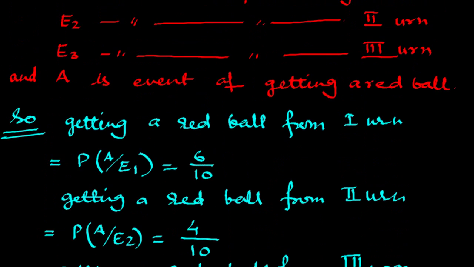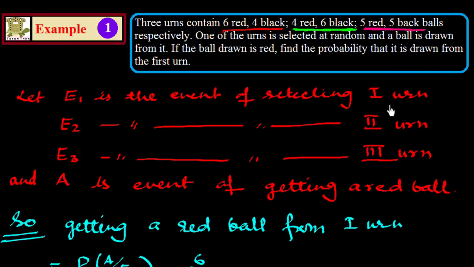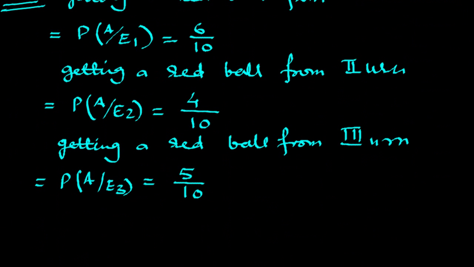And look here, the events of selecting any one of the urns are the same in size and color. So we get the same probability of selecting an urn from out of these 3. So we get the probability 1 by 3, 1 by 3, 1 by 3. Finally, probability of E1, selecting the first urn, is 1 over 3.